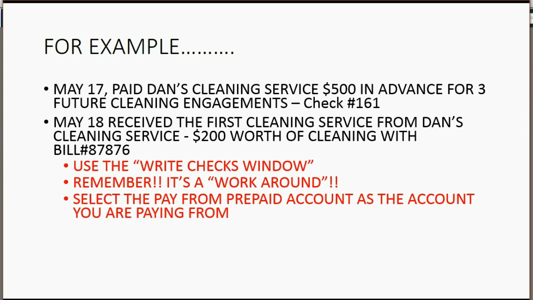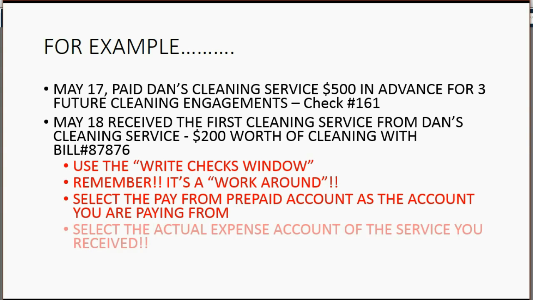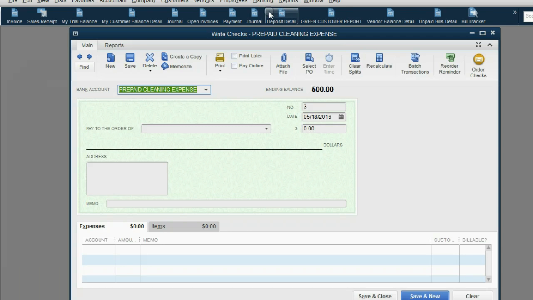On the top of the window, select the Pay From Prepaid account as the account you're paying from, and at the bottom of the window, select the actual expense of the service you received. Let's take a look at how we would record this. From the main menu, click Banking, write a check.